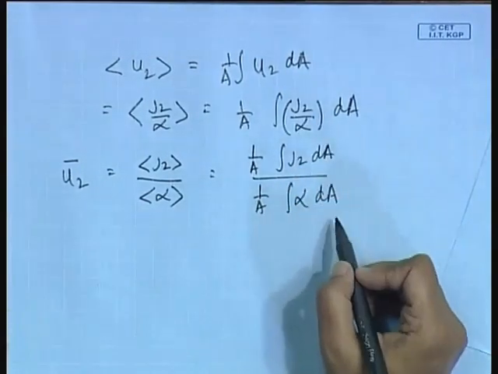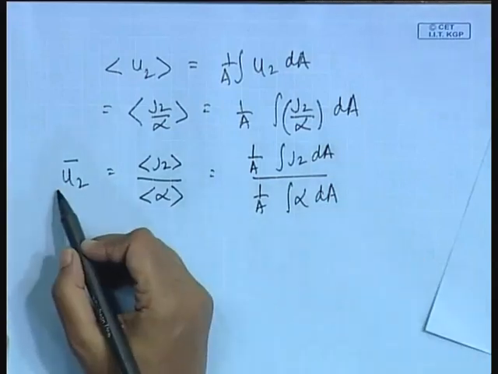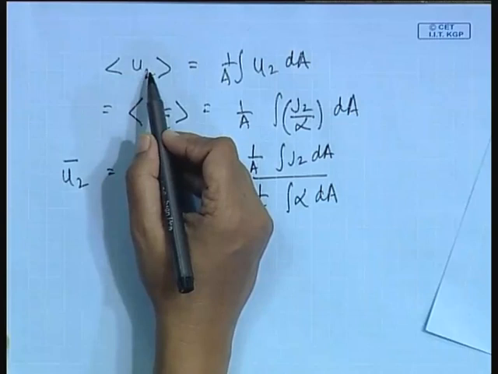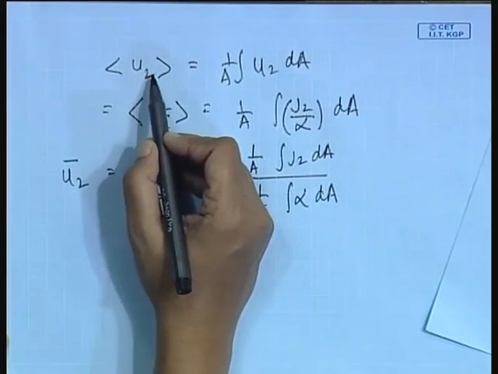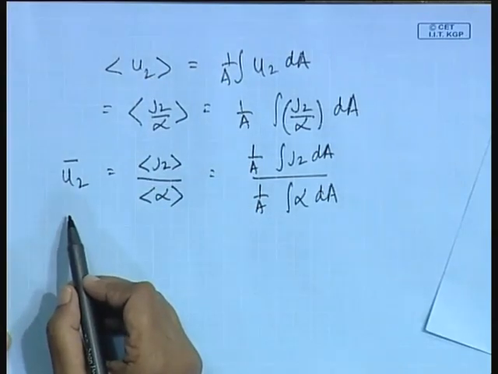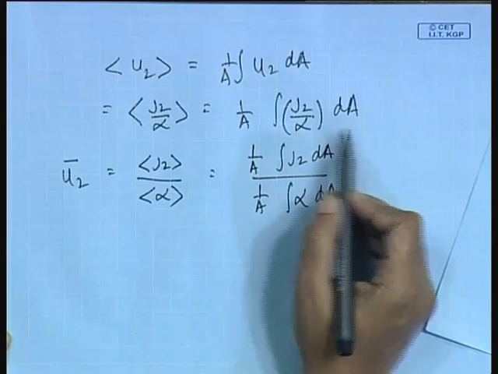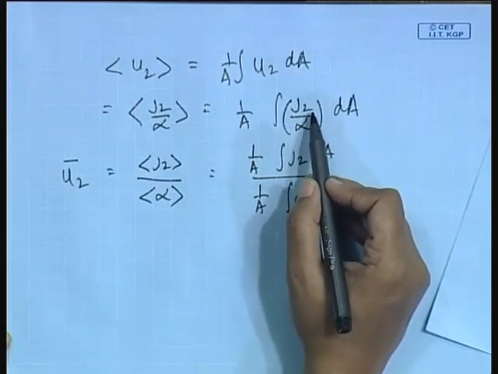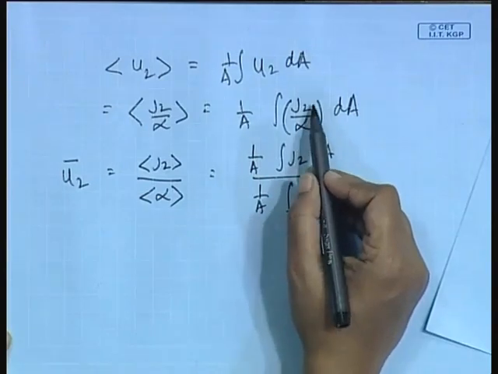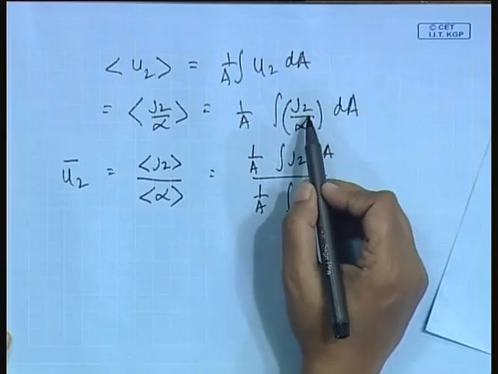Now, by comparing these two expressions, is it clear why this is not equal to this? This is the cross sectional average velocity of component 2, this is the weighted mean velocity of component 2. So, they are grossly different. For the first, you have to measure the local or in situ J2 at every point, the local or in situ alpha at every point, divide the two, find the quotient, and then integrate that quotient.